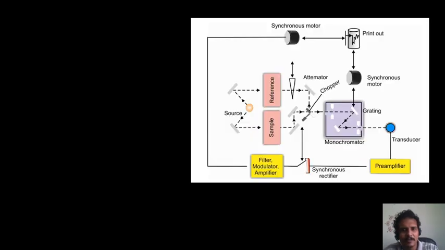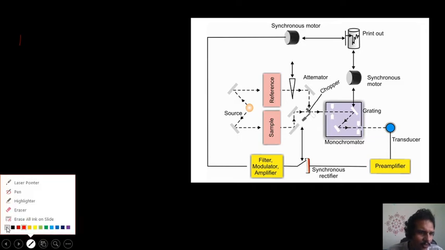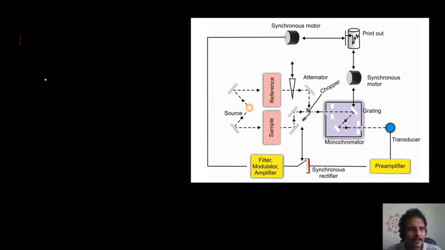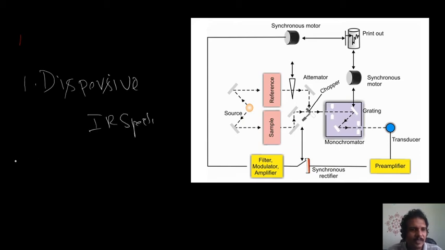Coming to the instruments, we have three classes of instrument, or two types as per your syllabus. First one is the dispersive IR spectrometer. Second one is the FTIR spectrometer.